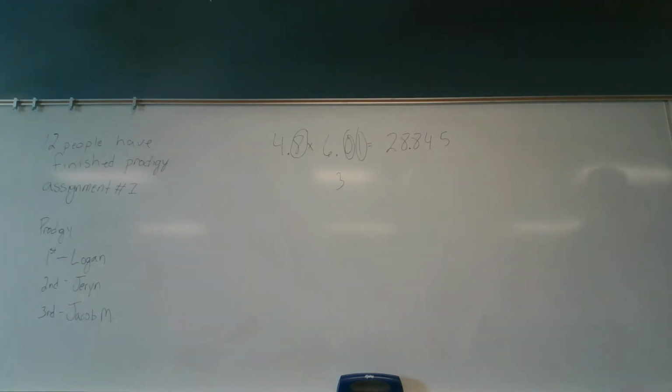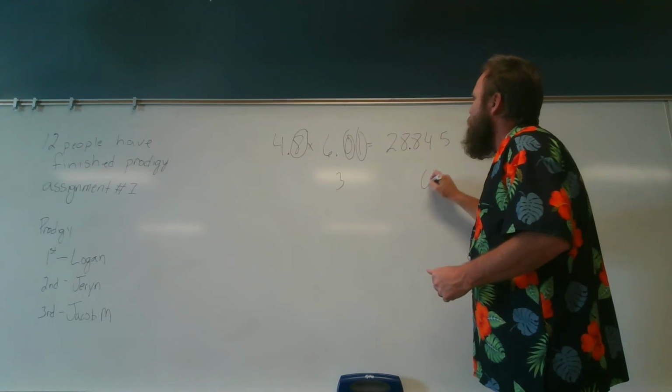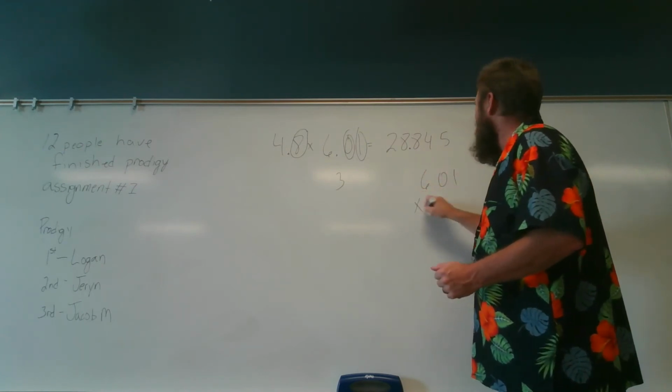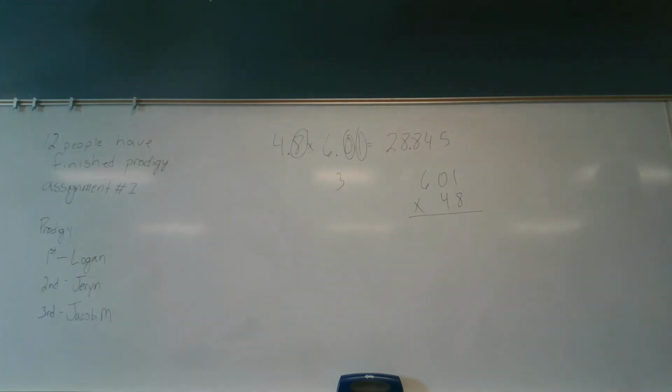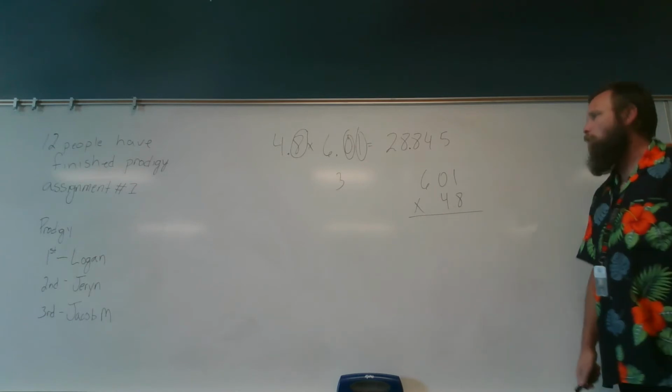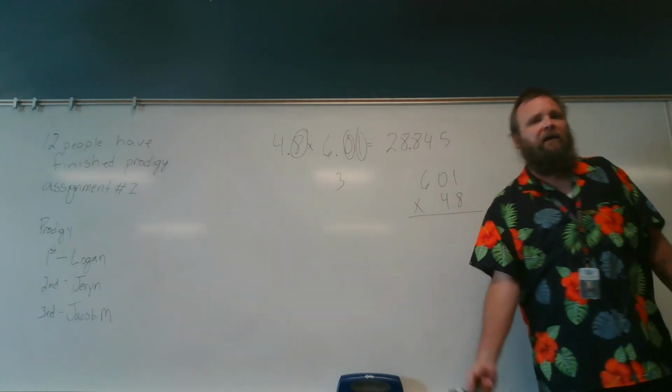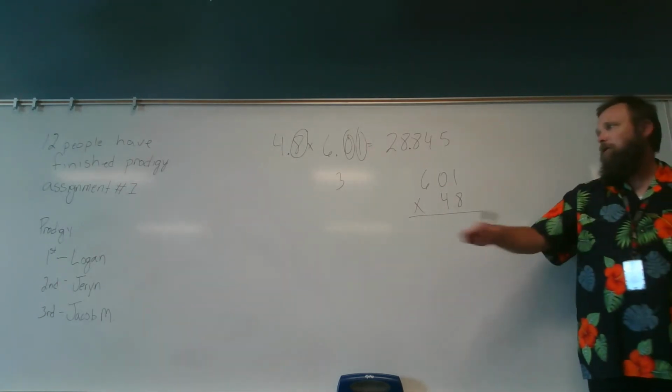Wait, what? We do not line up the decimal points when we multiply. We don't have to annex any zeros.